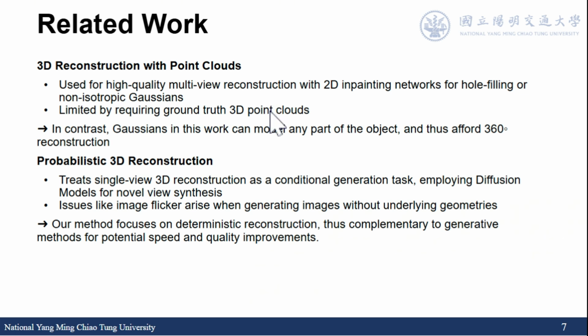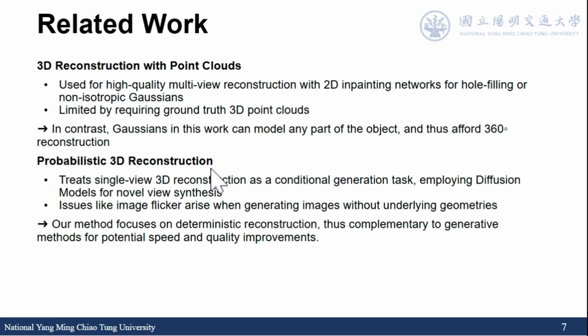However, a key limitation of these methods is that they require ground truth 3D Gaussian point clouds, which can make them less flexible and not always applicable in real-world scenarios. In contrast, our approach utilizing 3D Gaussians can model all parts of the object, not just the visible ones. This enables us to achieve 360-degree reconstructions, providing a more complete and flexible solution.